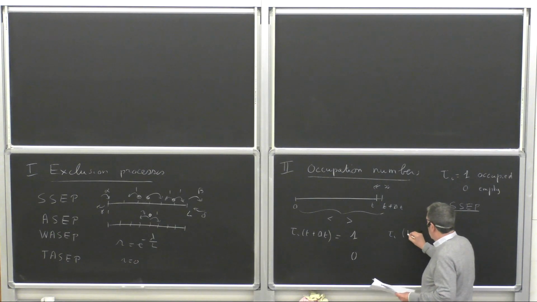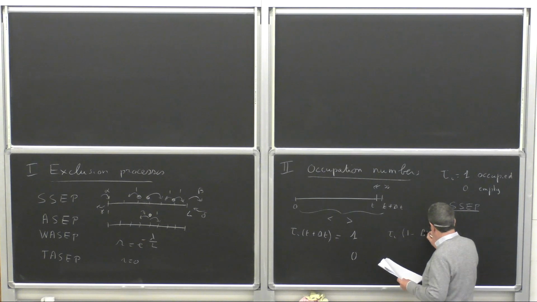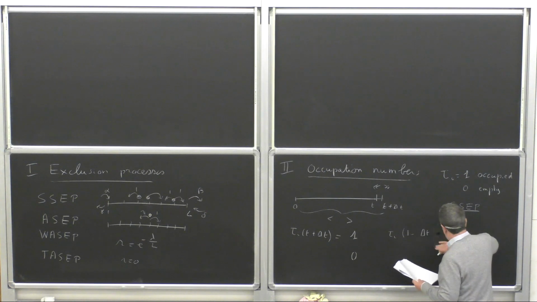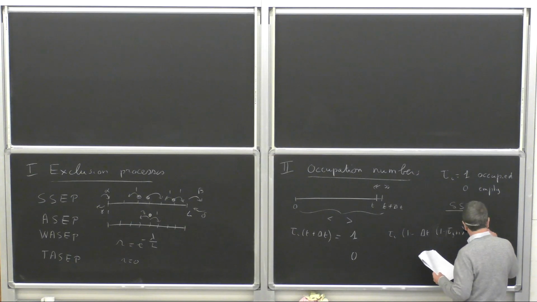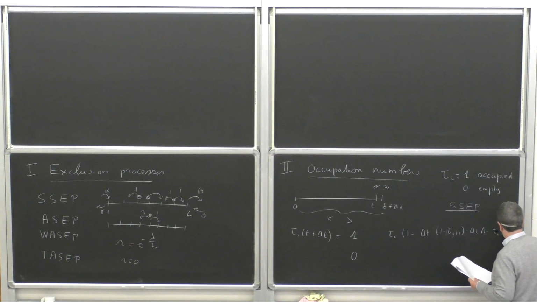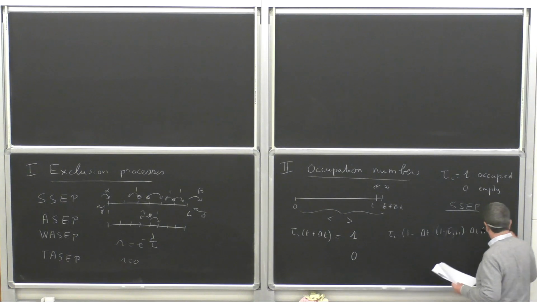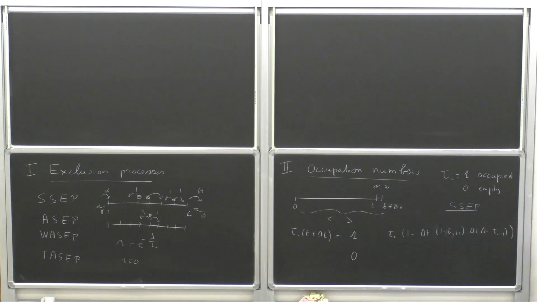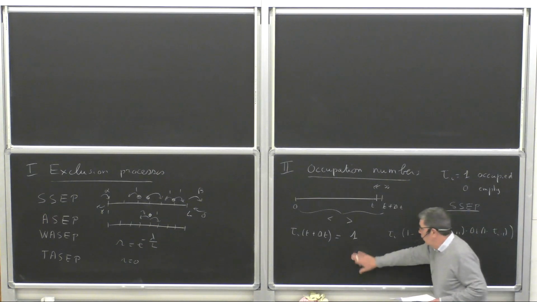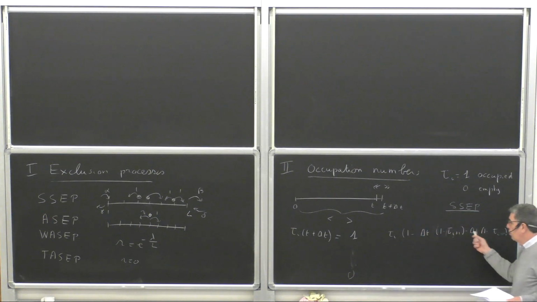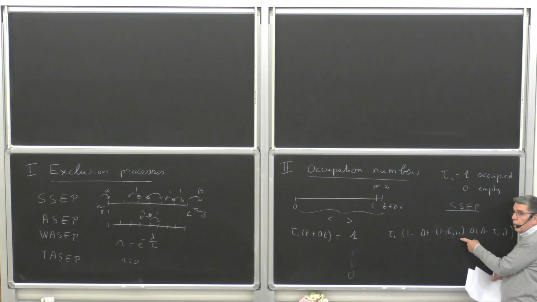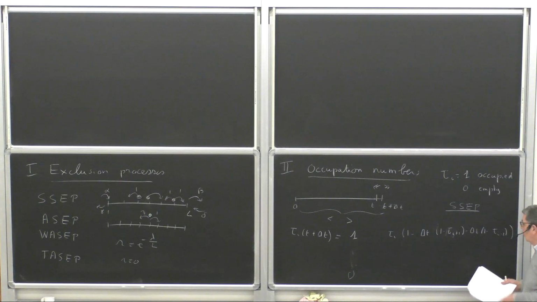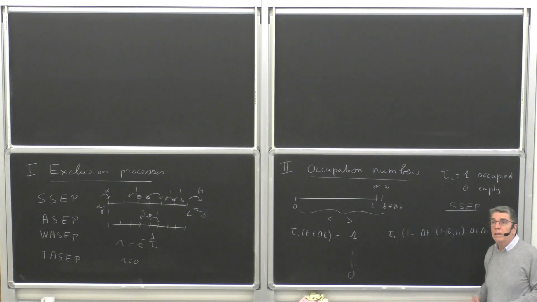So it was tau_i times 1 minus delta t times (1 minus tau_{i+1}), minus delta t times (1 minus tau_{i-1}). So it was already occupied and the particle did not escape, because it could escape with probability delta t if the site on the right was empty, and the same on the left. Or there is a possibility that it was empty.